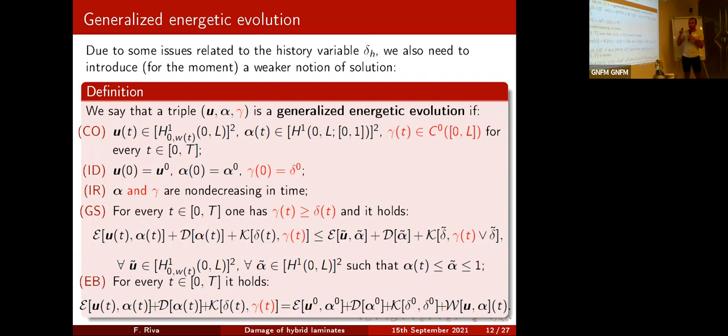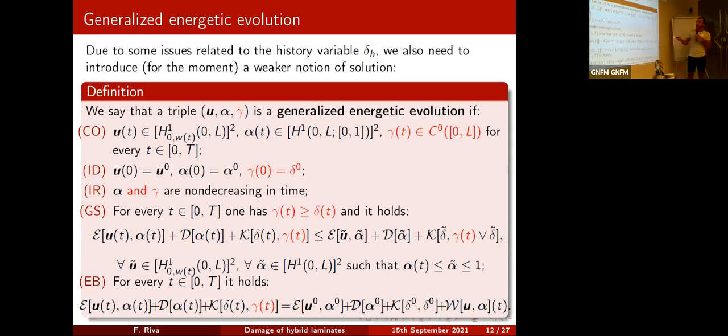And the advantage of adding this variable is that we split the relation between delta H and u. Because I recall to you that in the previous definition, the only unknowns were the displacement and the damage, and the slip delta and the history slip delta H depend explicitly on u.